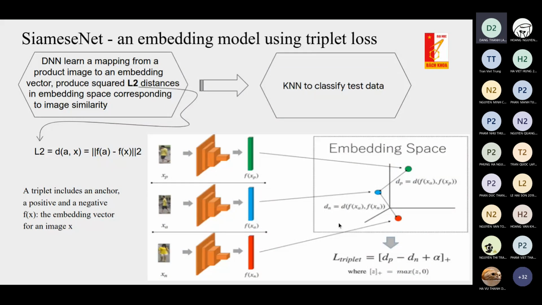And our goal is to make the positive closer to the anchor and the negative further. And this is the algorithm for the loss of the embedding model.